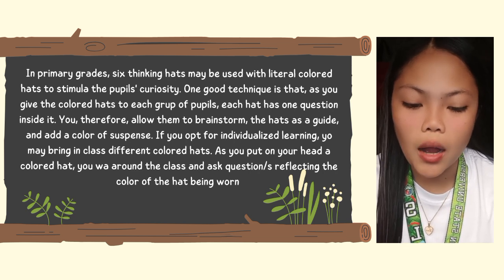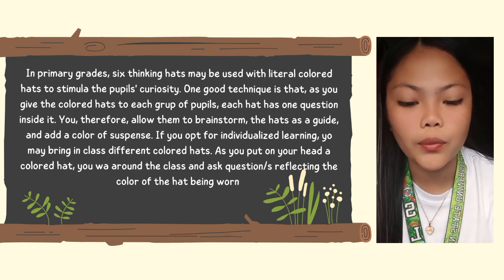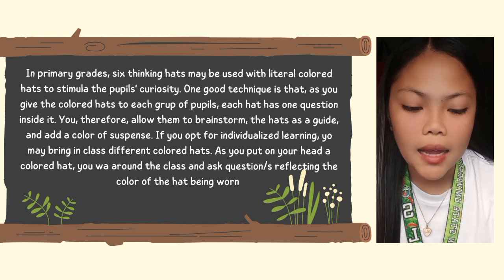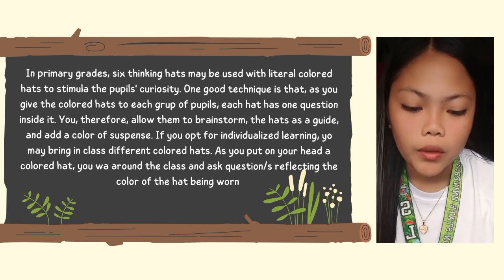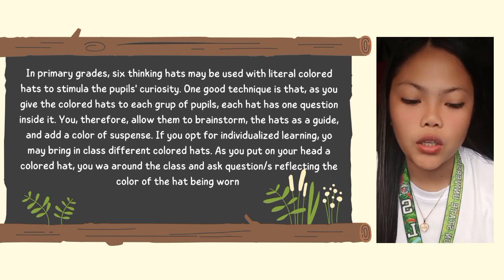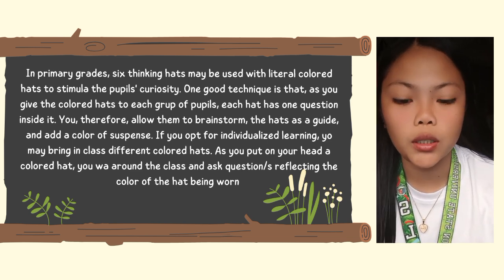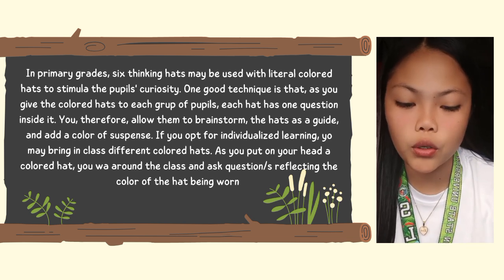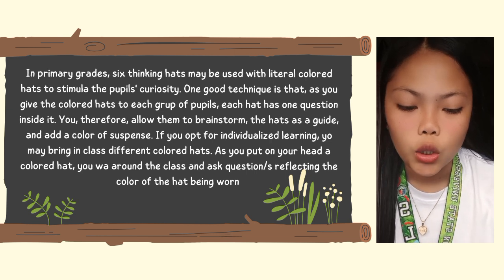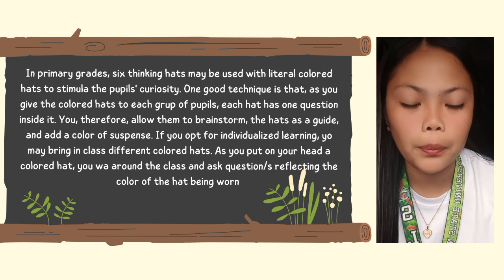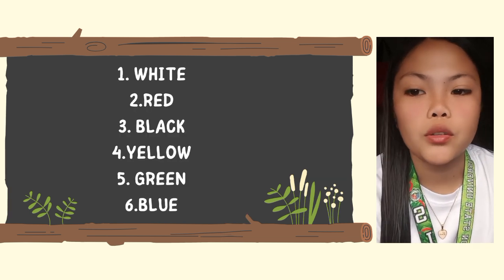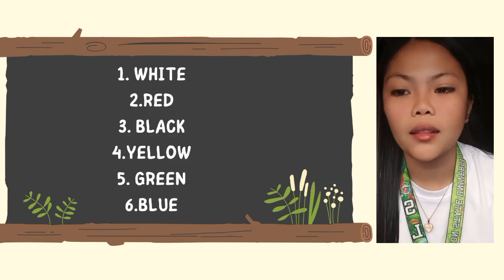You therefore allow them to brainstorm, using the hats as a guide and adding a color of suspense. If you individualize learning, you may bring in class different colored hats. As you put on a colored hat, you go around the class and ask questions reflecting the color of the hat being worn. So the first color is the white hat.